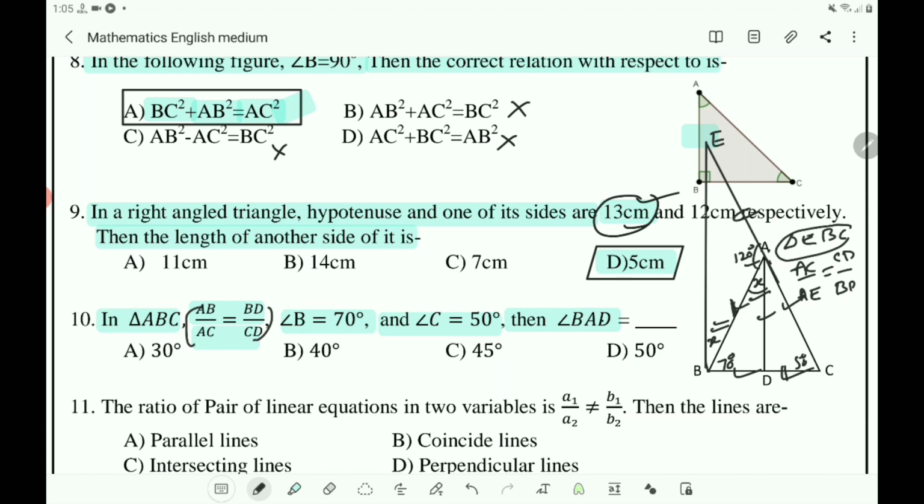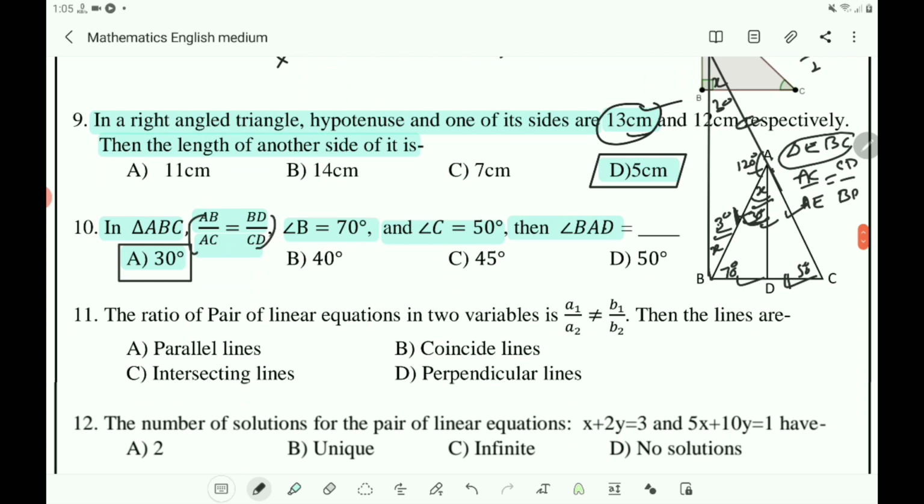So angles opposite to the equal sides are equal. So this is also X. Then X equals 180 minus 120 by 2, that is 60 by 2, which is equal to 30 degree. Here this is 30, this is 30, this is also 30. So what is the measurement of the angle BAD? Angle BAD is 30 degree. So you note down the answer. Angle BAD is 30 degree.